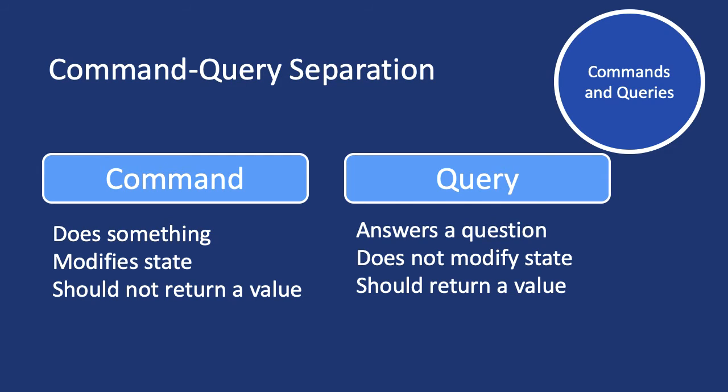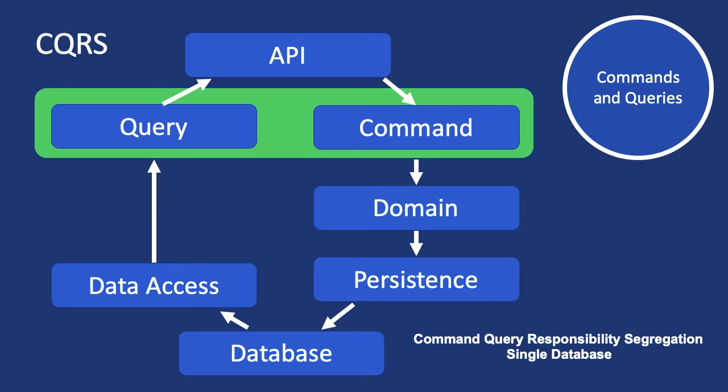Well, let's take a look at CQRS. Command query separation and CQRS are kind of talked about in similar terms, but CQRS is more concerned about the flow of our data. As a request comes in, it's either a command or a query. Our commands are going to use our domain and our persistence layer to update our database, whereas in the case of a query, we're really only concerned with retrieving data from the database.